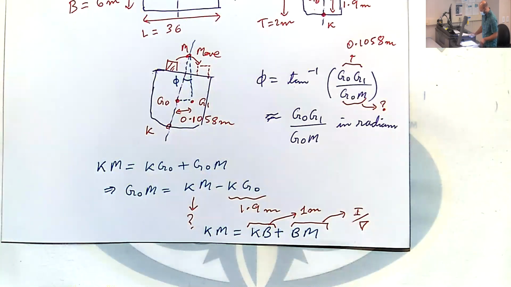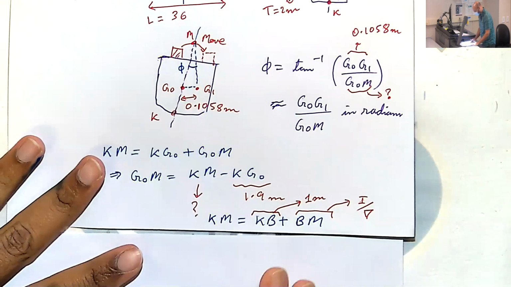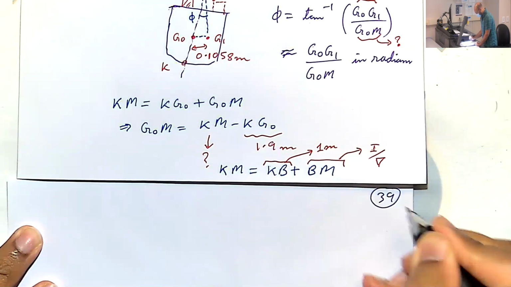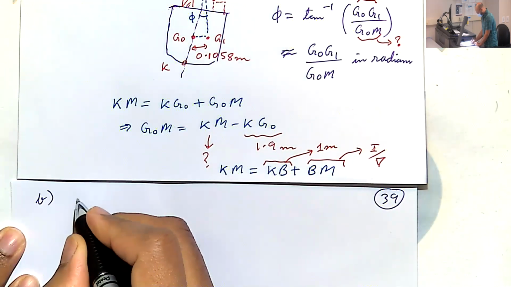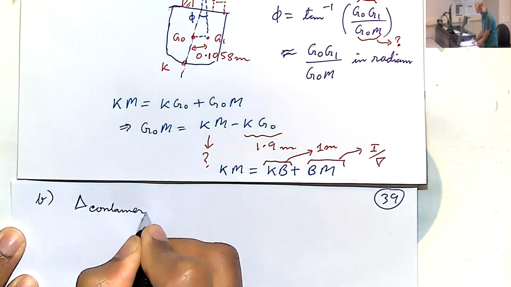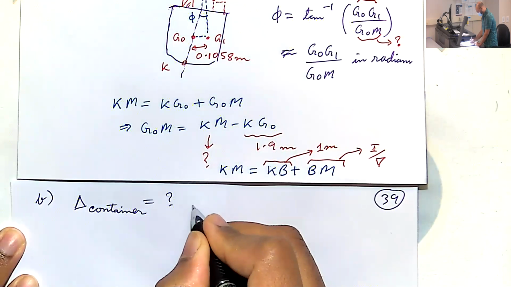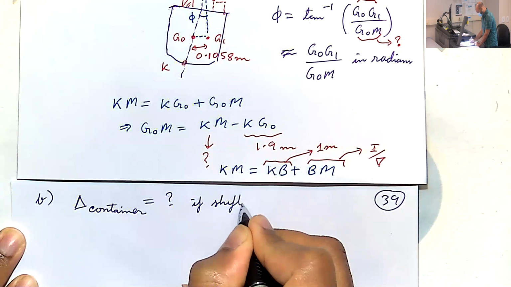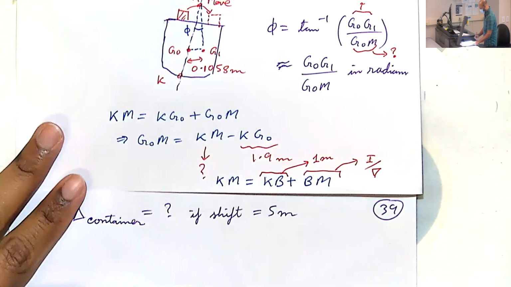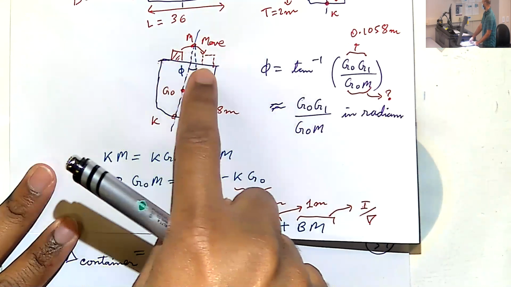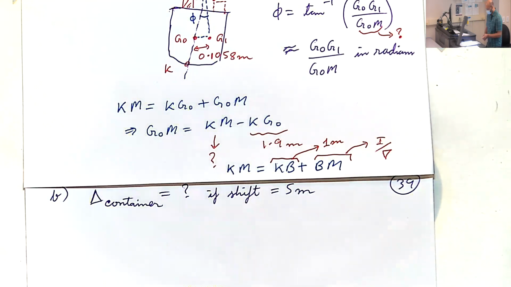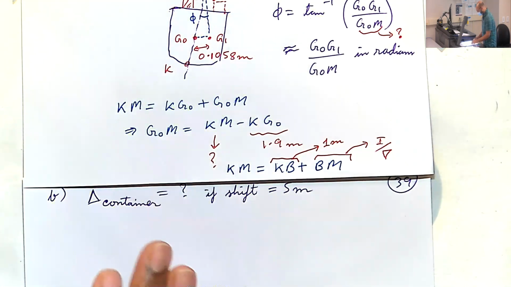Okay, let's try the next part of the problem. It asks for the weight, delta container, if the shift is 5 meters. We're told this movement was a 5 meter lateral change, and to figure this out, we can use the formula we just derived.